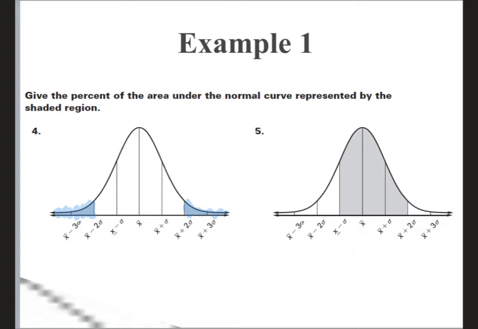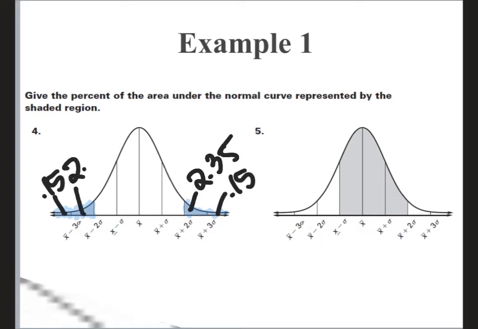I know that this little sliver here is 0.15, and you're just matching it to the other one. So 2.35, 2.35. What you're going to do is add them up together. So 0.15 plus 0.15 plus 2.35 plus 2.35 is 5. So 5% of my data is shaded above right here.